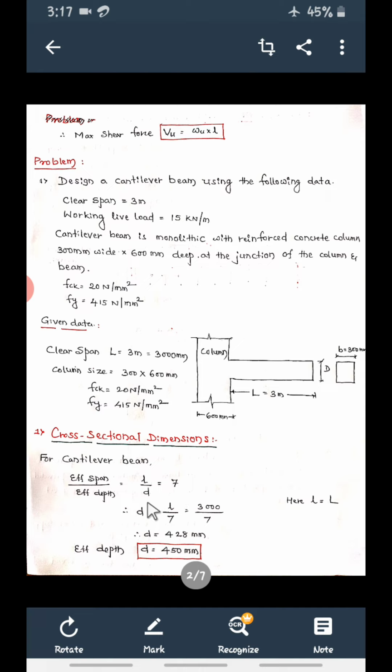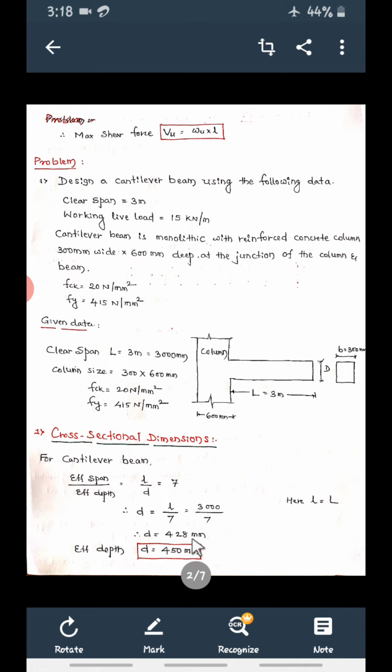Therefore d is equal to L by 7, that is 3000 mm divided by 7. So d comes out as 428 mm. Effective depth 428 mm, or round off to the next higher value.